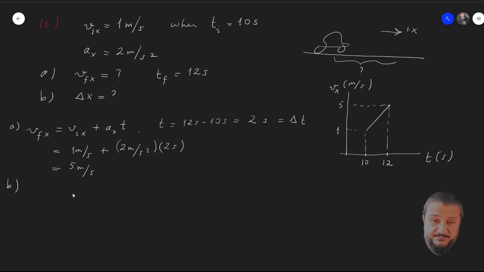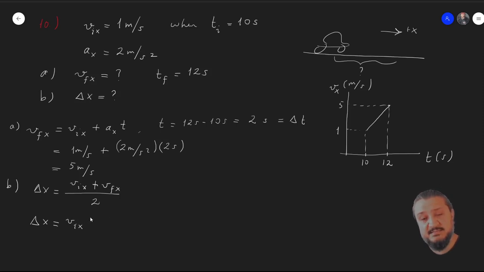We have this one, delta x equals the average of the velocities times t, or if you prefer, you could use the other one we derived, Vix t plus 1/2 a t squared. Since these formulas are derived from each other, both should give you the same answer. So you can use whatever you like. If you didn't know the answer to part A, for instance, of course you can't use this formula. You have to use the second one.